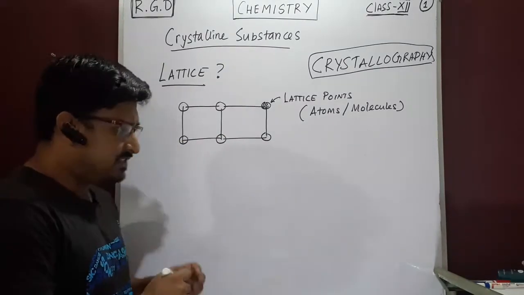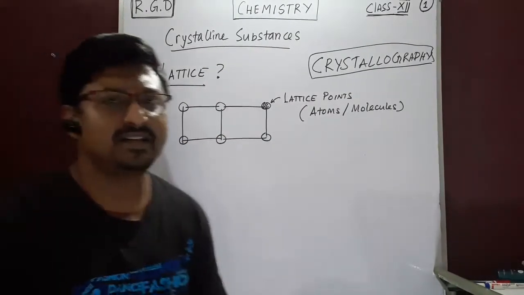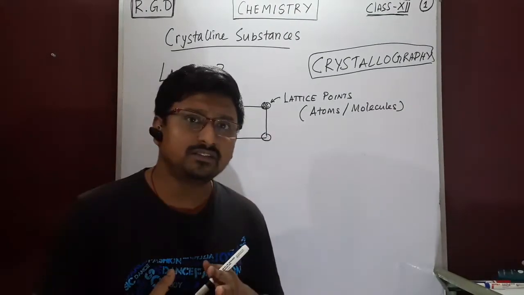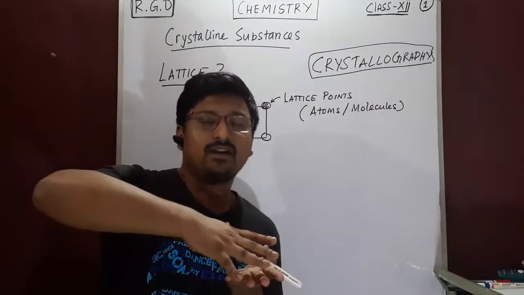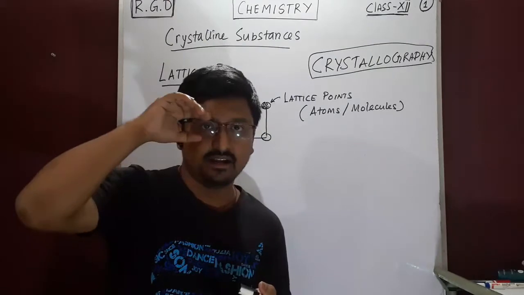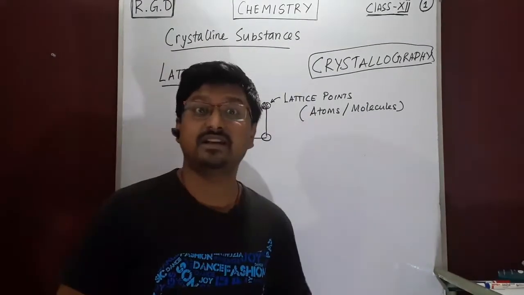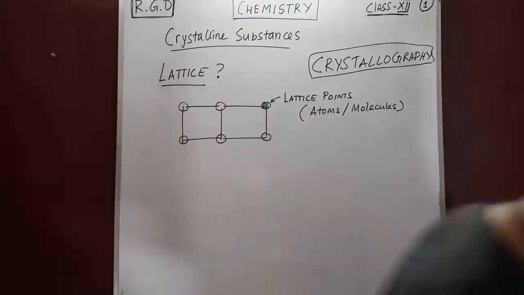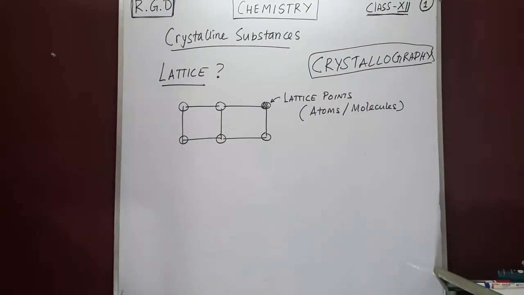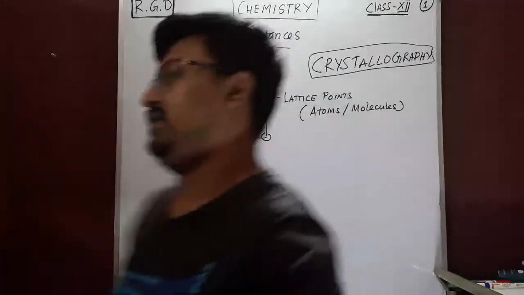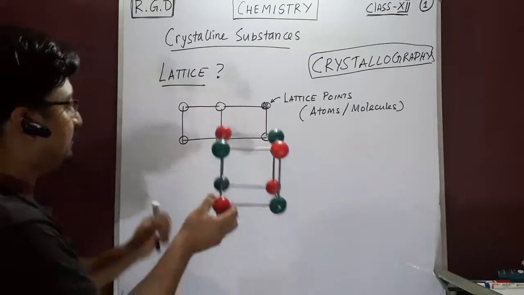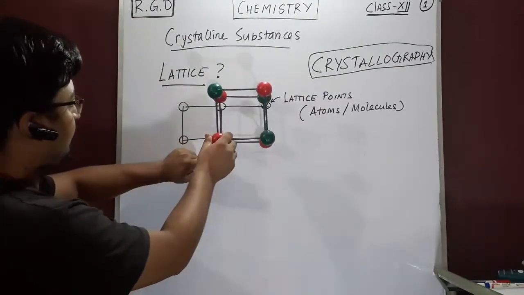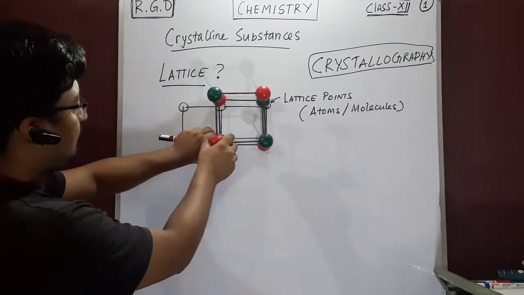When I say two-dimensional representation, it has to be a three-dimensional representation too, because everything is a three-dimensional body. Let me give you a prop, it will be clear for you. Think of this as a cubic system.